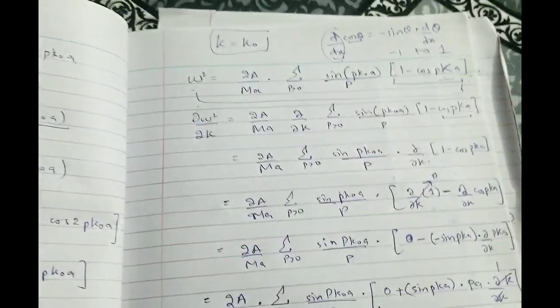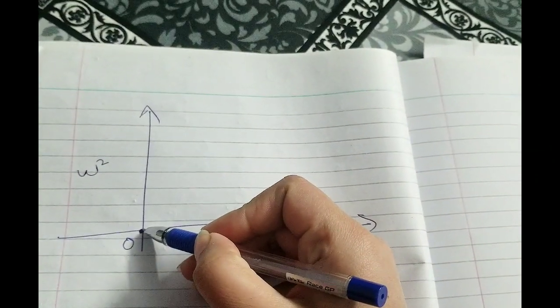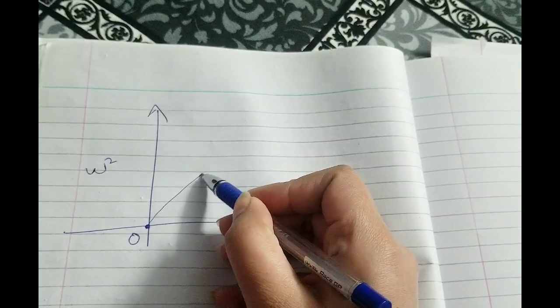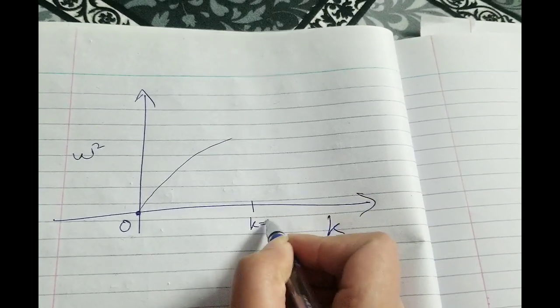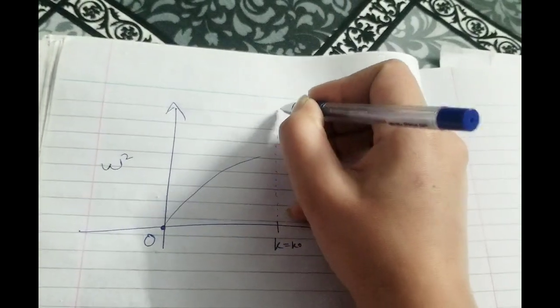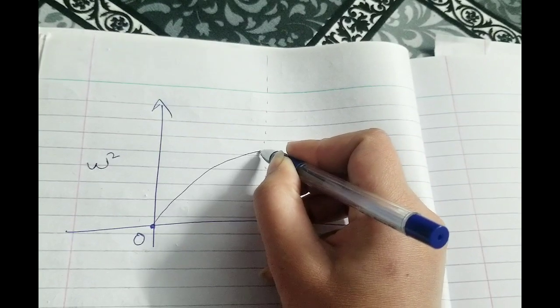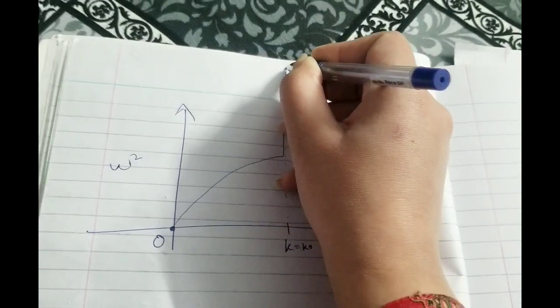So omega square starts with 0. It will be a sinusoidally varying function, but at k equals k naught, let's say this is the point where k is equal to k naught, we will get a sharp vertical line here.